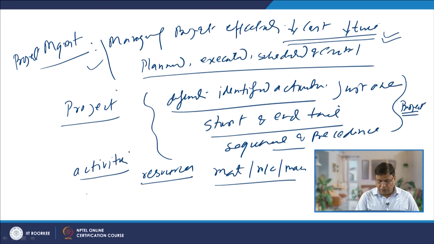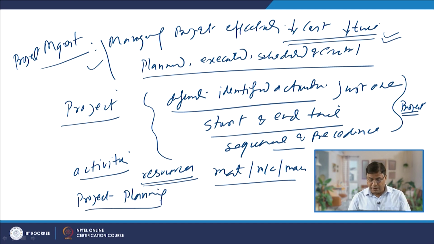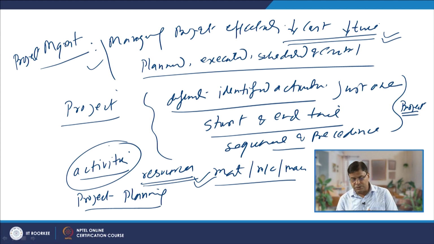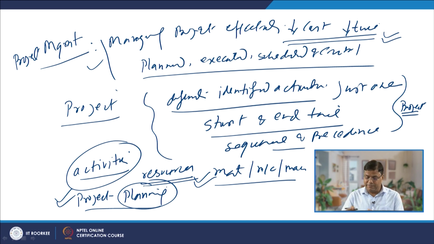That is basically project planning, arranging all the resources needed for smooth completion of all those activities at the minimum possible cost, so that they are available whenever they are needed for successful and smooth completion of the project.